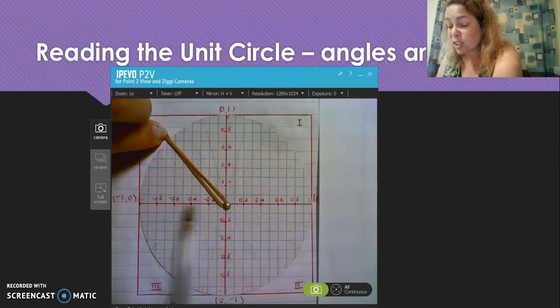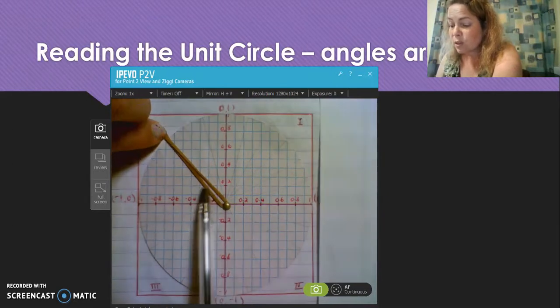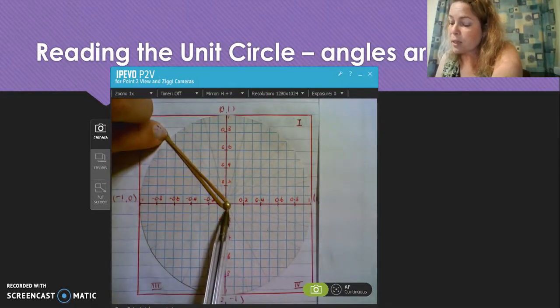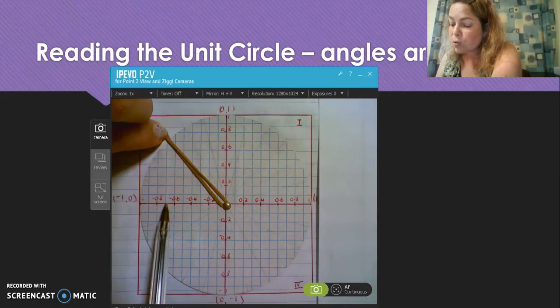So this is our adjacent side to our angle, because we've got our angle here, and our right angle triangle is here. So our cos value of 135 degrees is found by this length along our x-axis.